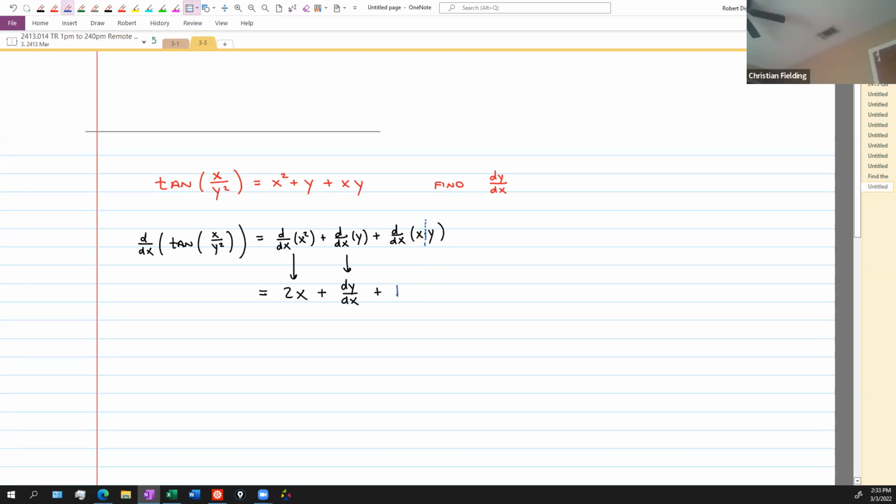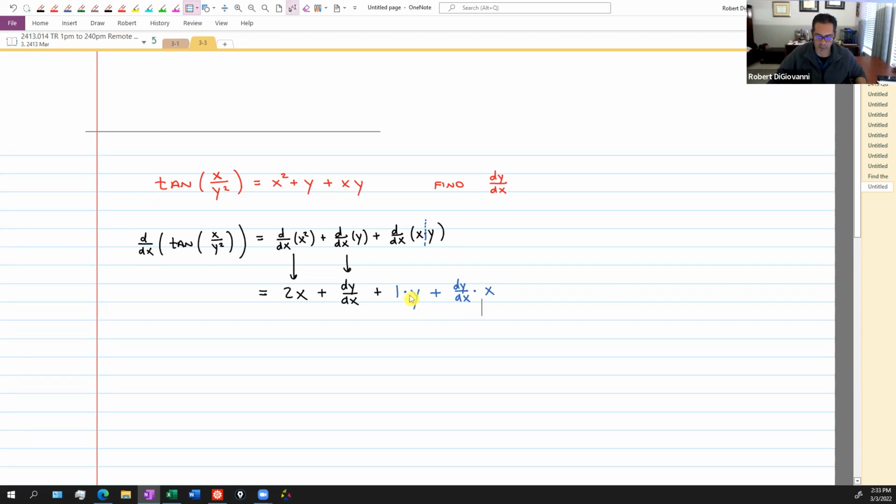Then plus, now what? dy/dx, that's the derivative of the second one, times x. Perfect. Everyone understand that? What's in blue is the product rule on this. Derivative of the first one times the second plus the derivative of the second one times the first. When we took the derivative of x, we got 1, but when we took the derivative of y, we got dy/dx.